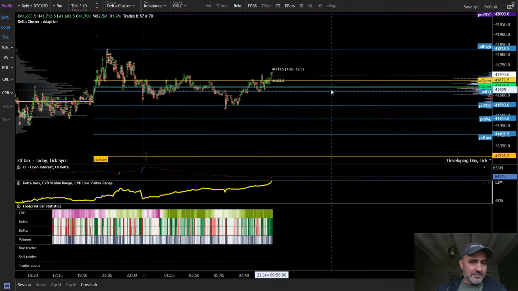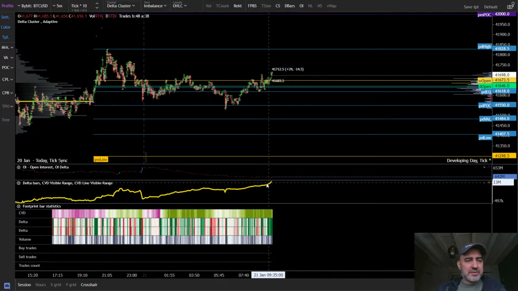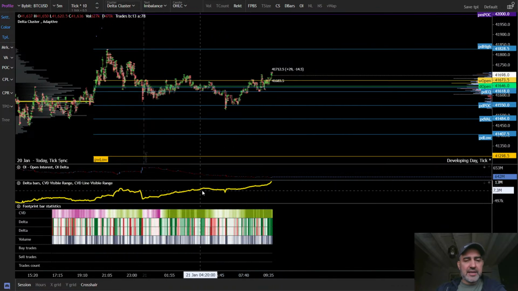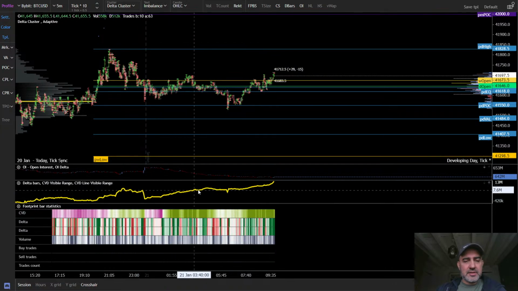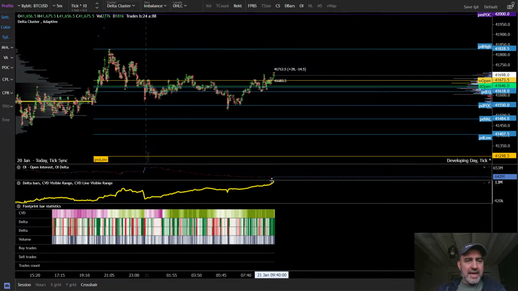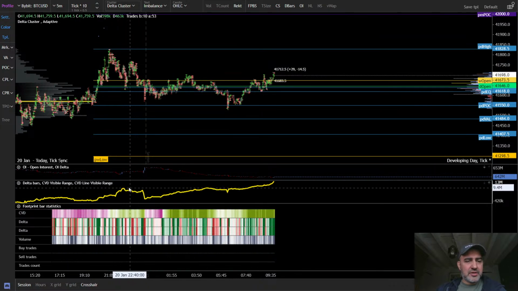Yeah. So basically what you've got is this CVD, which is your delta, which are market longs. You see this yellow line, how it's going up, and basically the CVD has now crossed this previous high on the CVD chart, on this indicator. You see that?